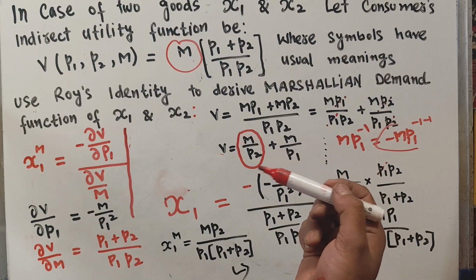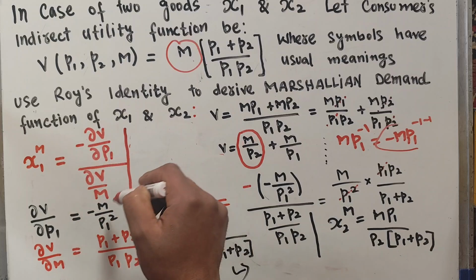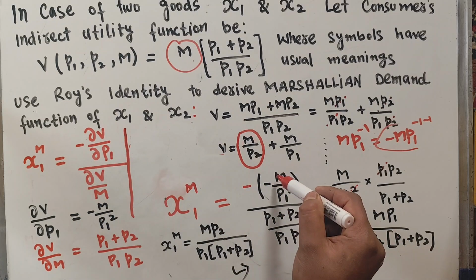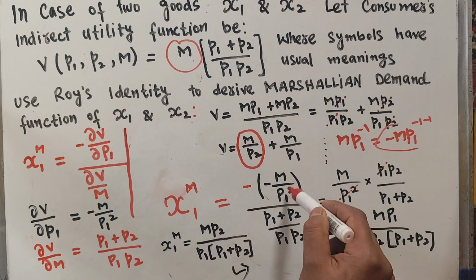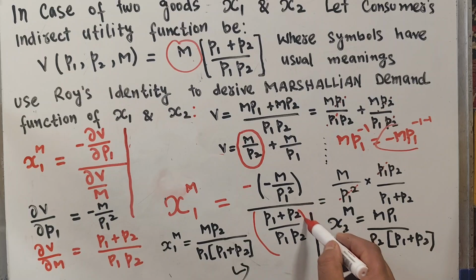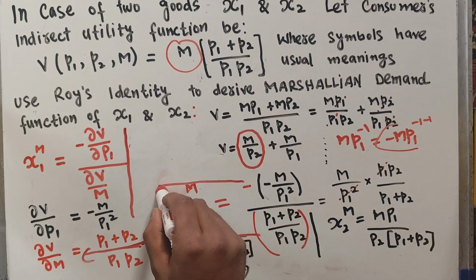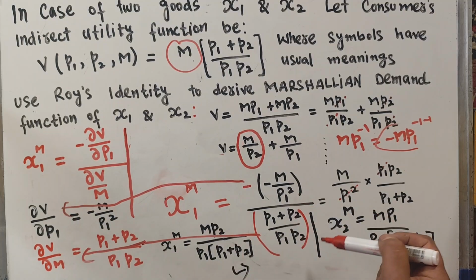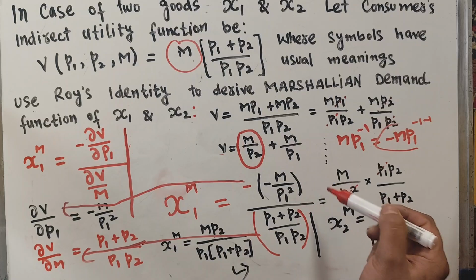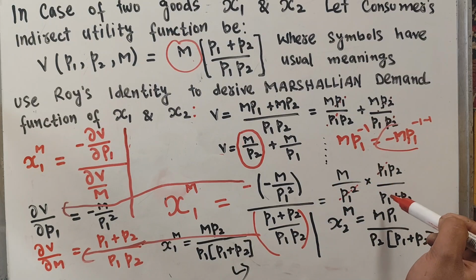Now the Marshallian demand function for good x1 will be equal to the ratio of these partial derivatives. So we have minus dv upon dp1, which is minus m upon p1 square, divided by p1 plus p2 divided by p1 times p2. When I transpose it, it gets multiplied by the reciprocal, so this becomes p1 times p2 divided by p1 plus p2.